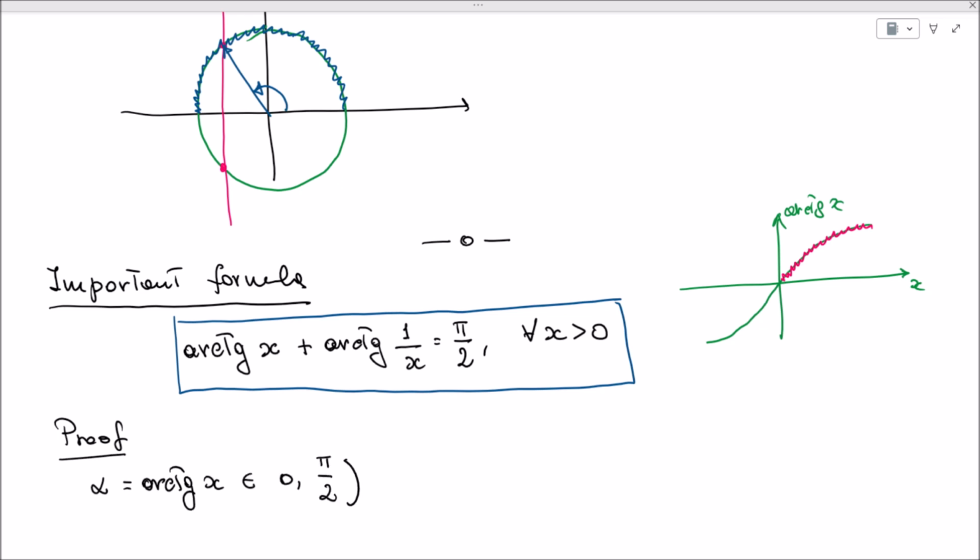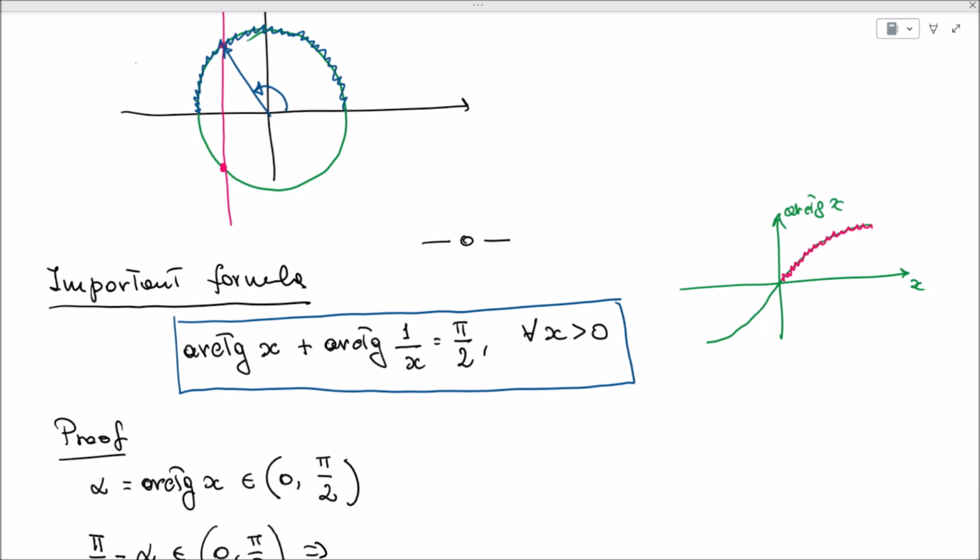So this is the definition of alpha, just because of the restriction of arc tangent of x only to positive values. And let me now evaluate pi over 2 minus alpha. Because alpha is defined in the interval 0 to pi over 2, of course pi over 2 minus alpha must belong to the same interval, 0 to pi over 2, extremes excluded.